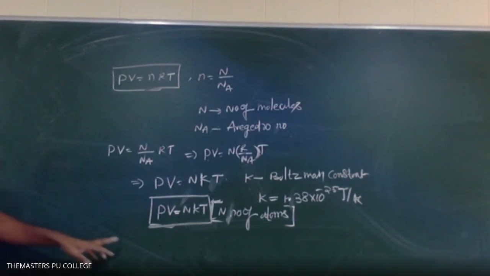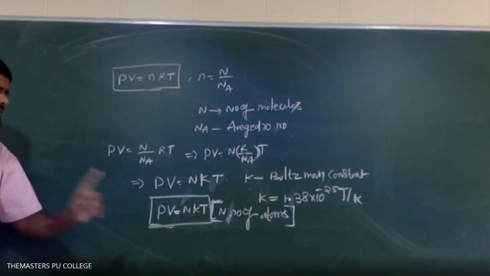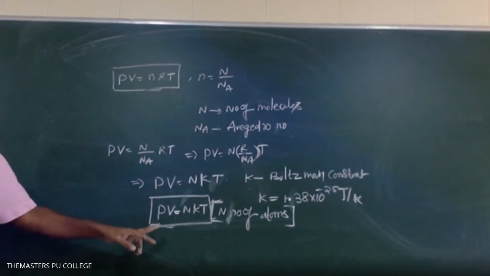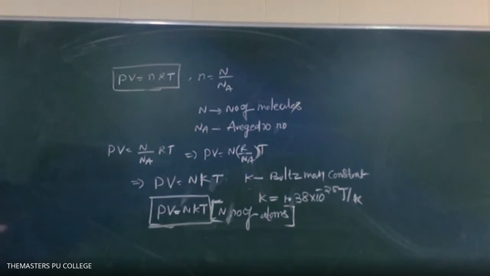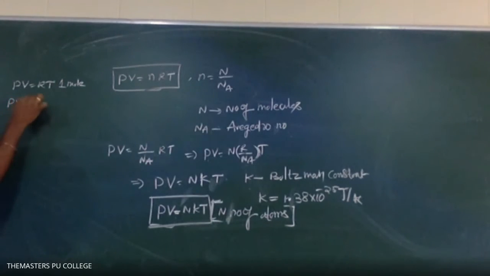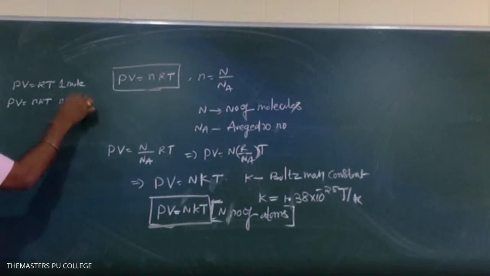Similarly, observe clearly: for N number of atoms, PV equals NKT. For one molecule, how can I write it? Here, the simple thing, we get PV equals RT. This is for 1 mole. Then we get PV equals nRT for n moles.